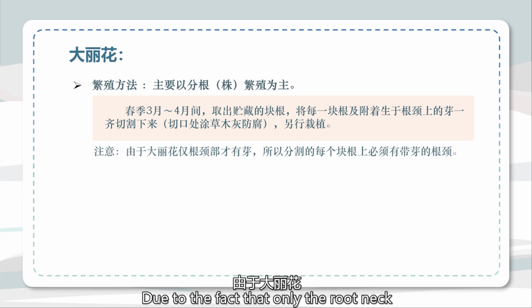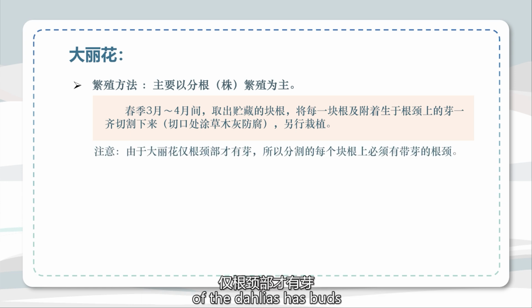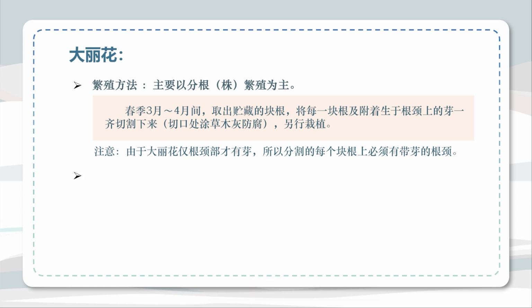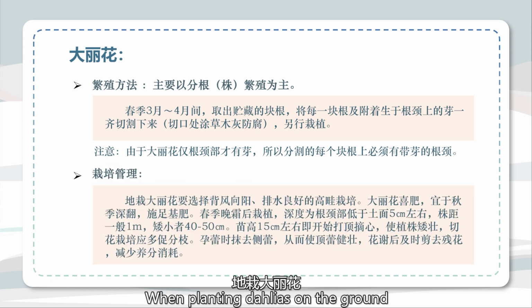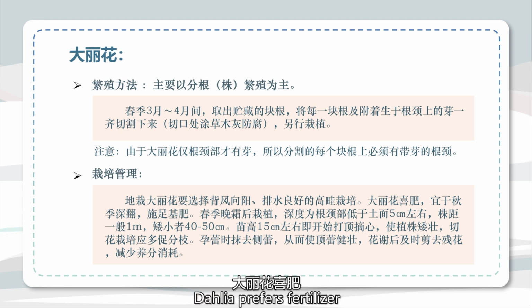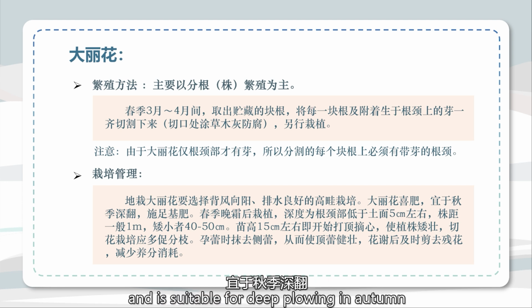Since only the root neck of the dahlia has buds, each segmented tuber must have a bud-bearing root neck. When planting dahlias on the ground, it is necessary to choose high bed cultivation with good drainage and windward and sunny conditions. Dahlia prefers fertilizer and is suitable for deep plowing in autumn.